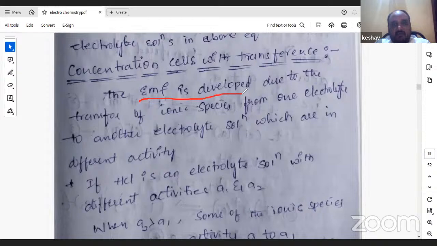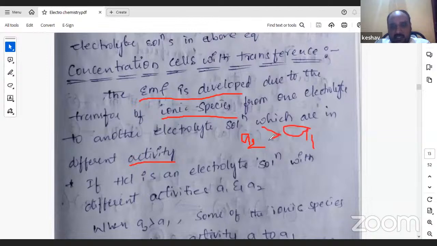The EMF is developed due to the transfer of ionic species. Ionic species means two types of ions, the cation and the anion. Either cation or anion will be transferred from one electrolyte solution to another having different activities. For example, one electrolyte solution has activity A2 and the other has activity A1.